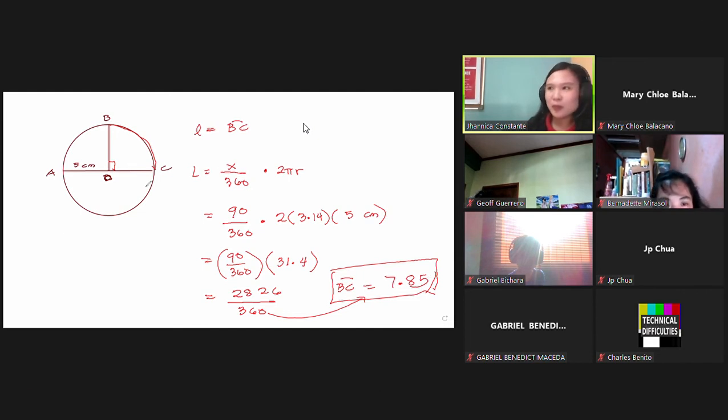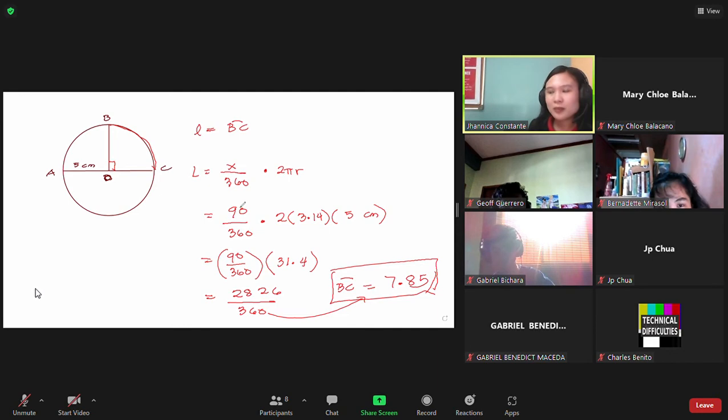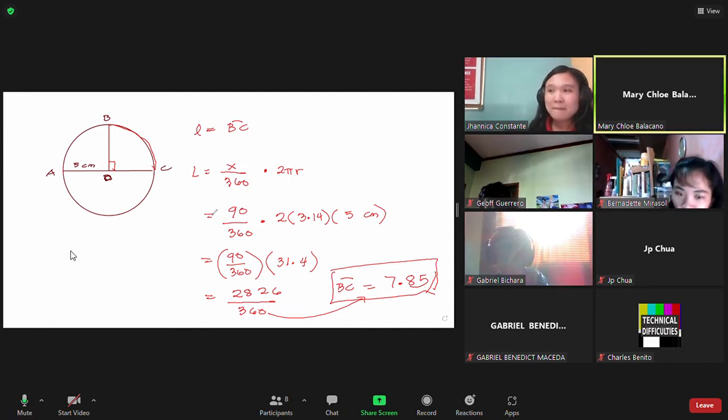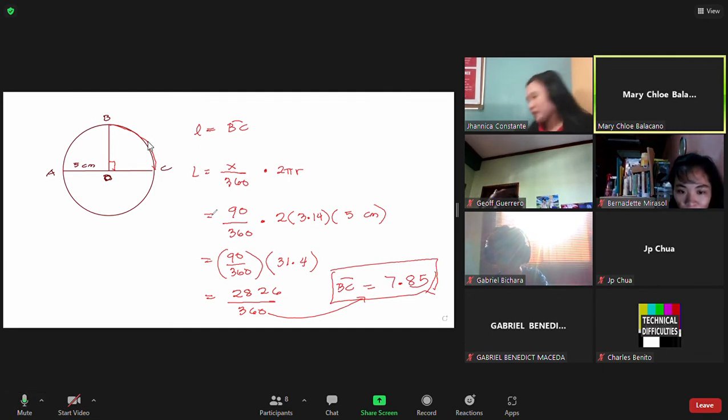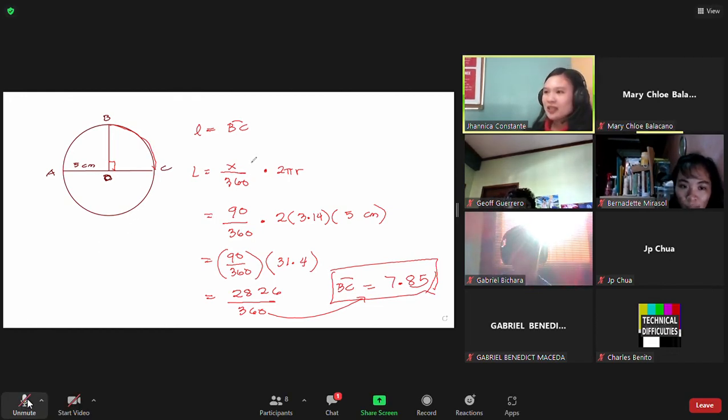For example, we have this problem. Can I clear the screen with this example that we have? The x, you're going to use the value of your central angle with the arc that you're solving. Kung ano yung arc na sinusolve, yun din yung angle na gagamitin.